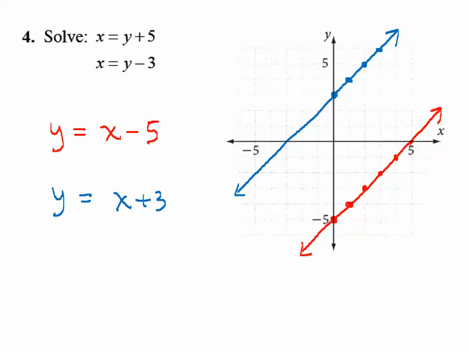So what makes lines parallel to each other? Isn't slope what makes lines parallel to each other? See, because if I had a different slope, if this was a slope of 2, the red line would be going up much faster than the blue line, right?